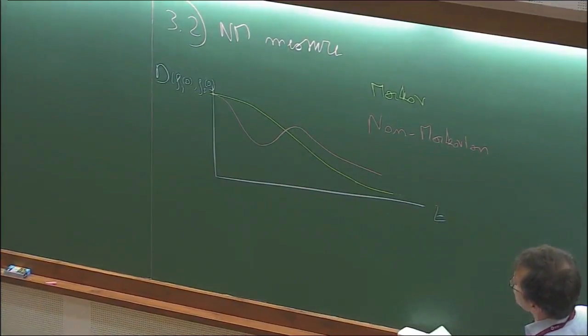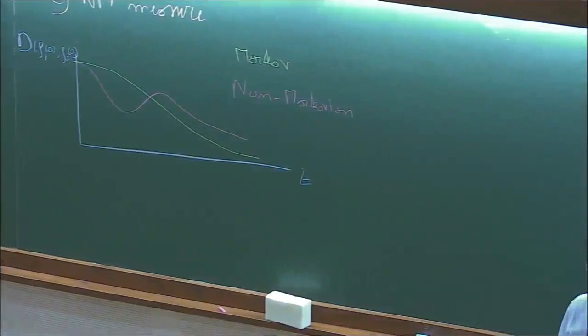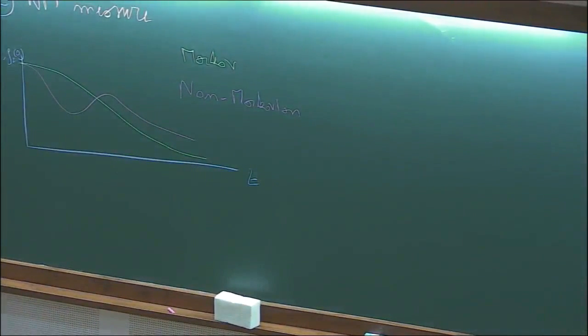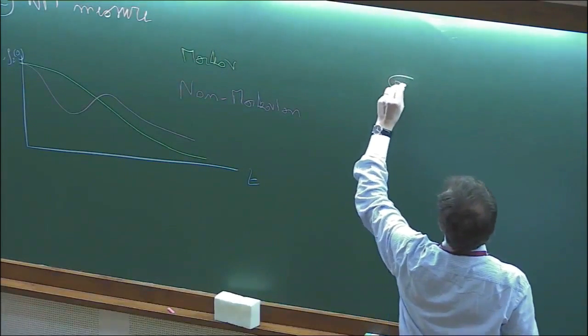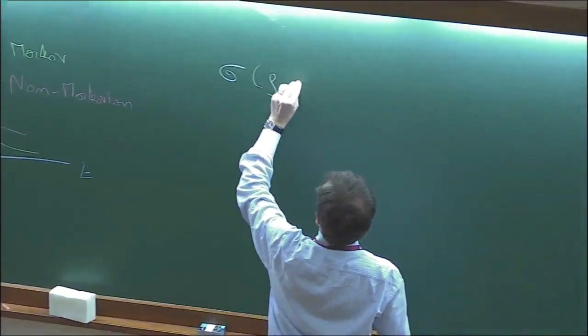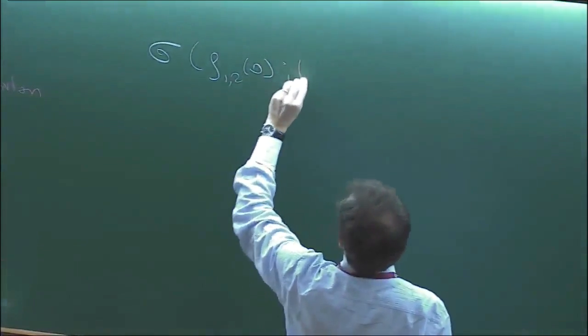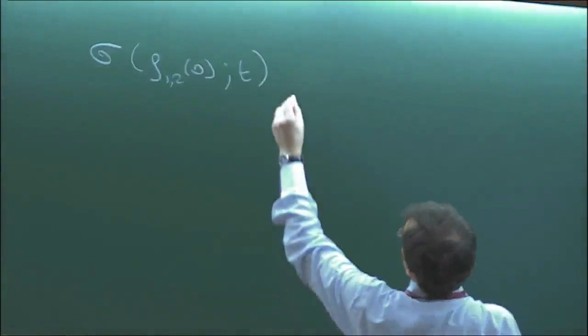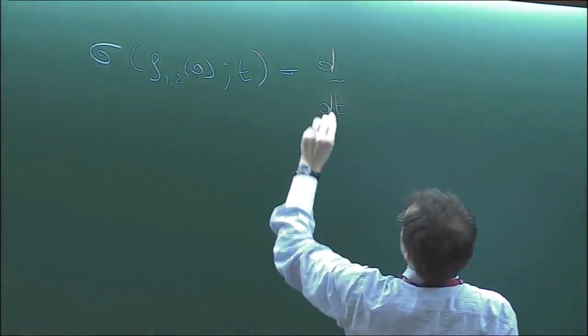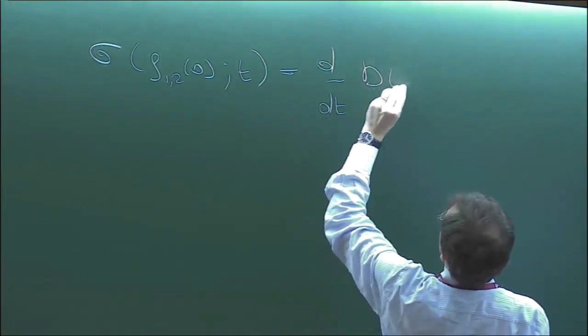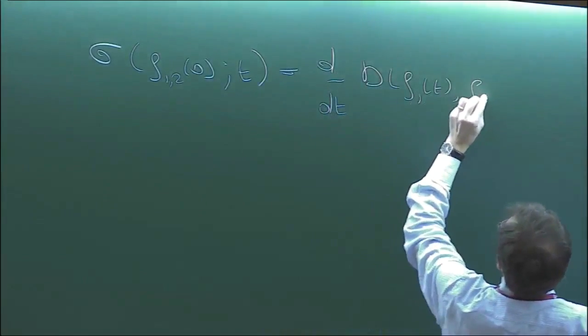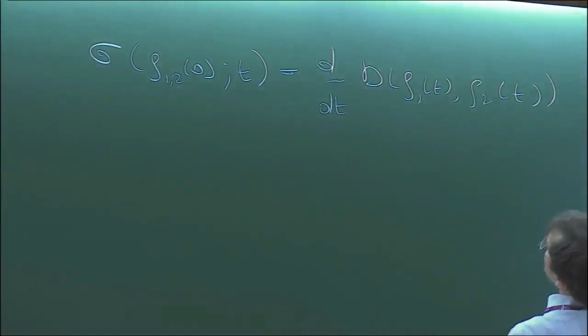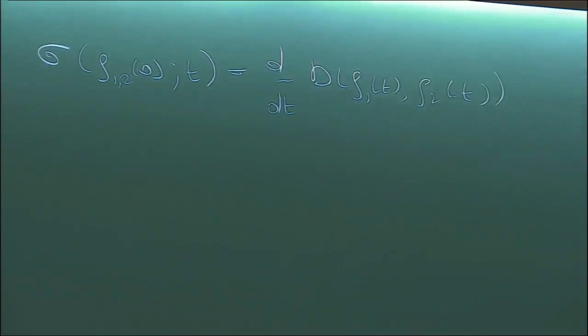From this definition, one can also introduce a more precise mathematical statement, which allows us also to introduce a quantifier of this memory effect. The idea simply is, let us introduce the quantity sigma depending on the choice of initial state and as a function of time, which is simply the derivative with respect to time of the trace distance between rho 1 and rho 2, having in mind that this time evolution is driven by a certain quantum dynamical map.